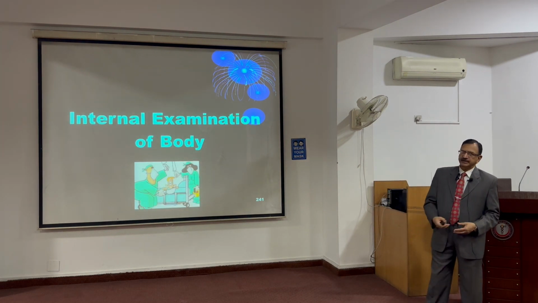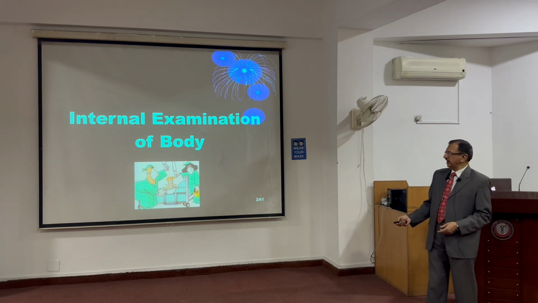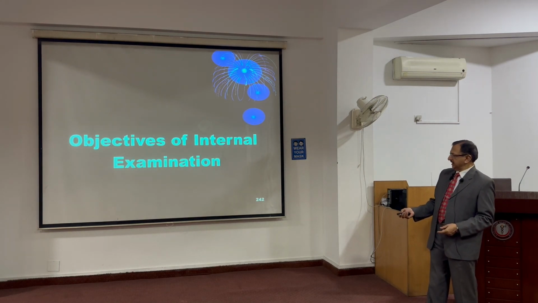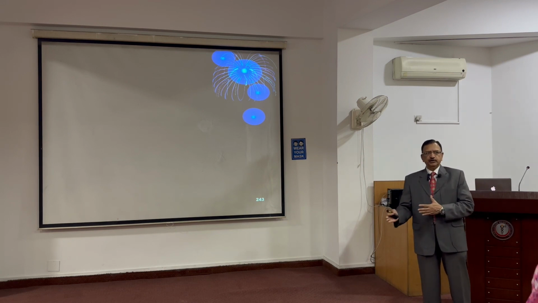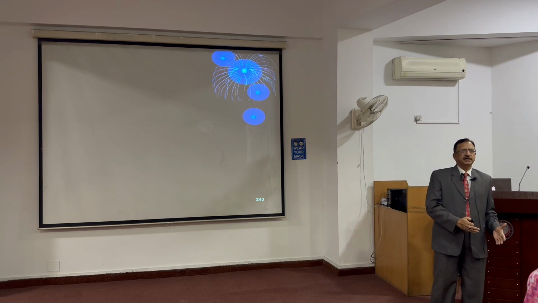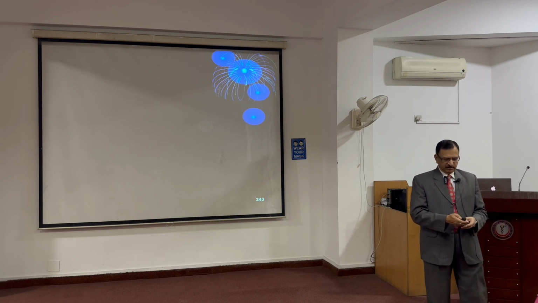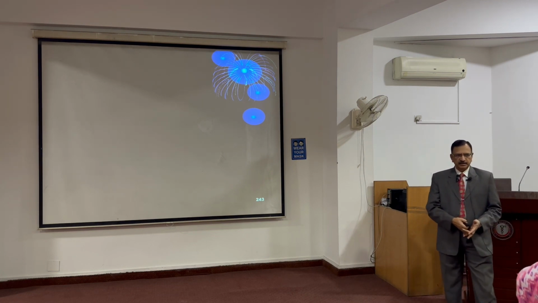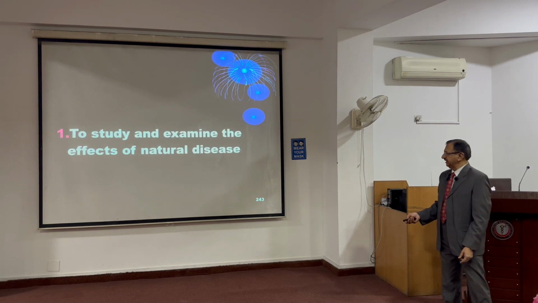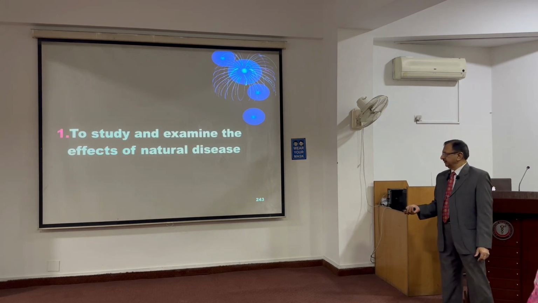Then for an internal examination, you have to open up the body. And the objective of internal examination is that you will correlate the external injury, how it is transmitted to the inside. So you will correlate those injuries, and that is the main objective.